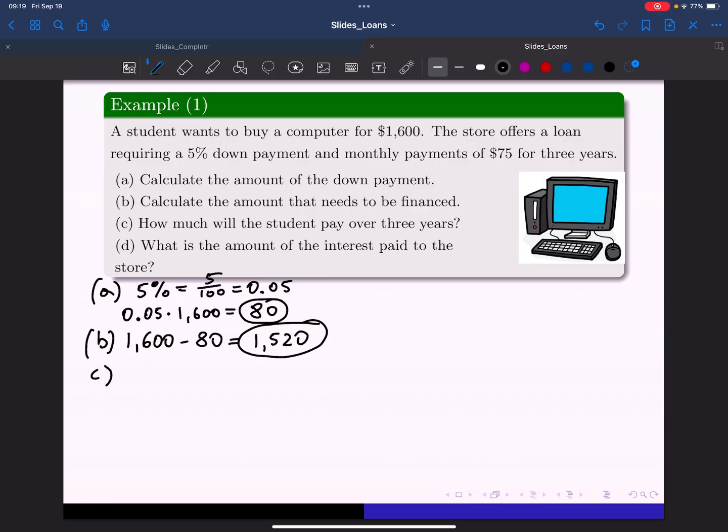Part C, we have 12 times 3 years, which is 36 payments. So monthly payments are 12 times 3, and he pays $75 that many times. So now we can multiply by 75.